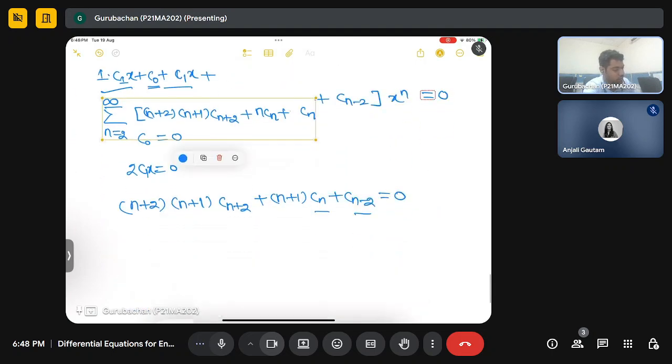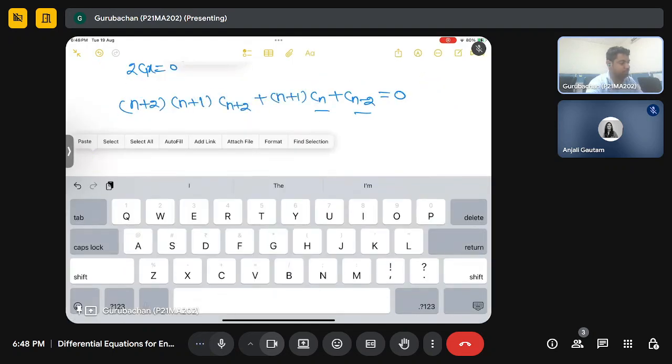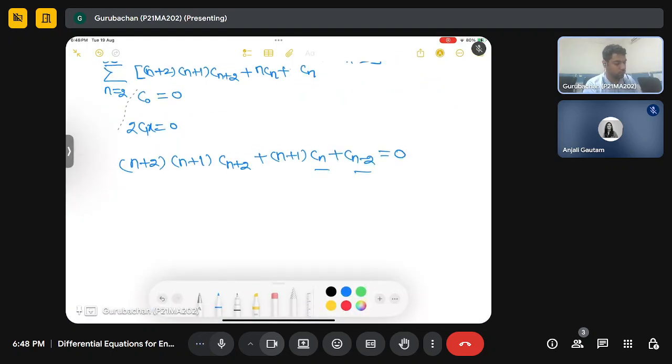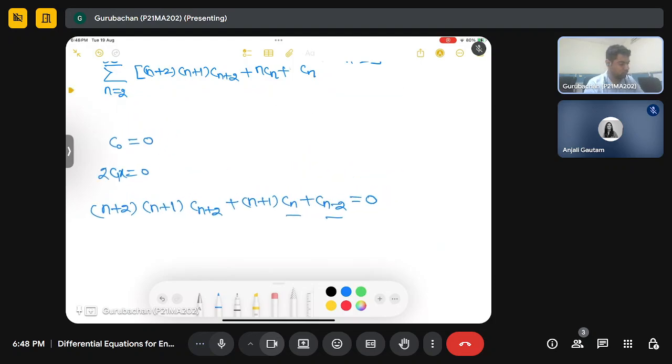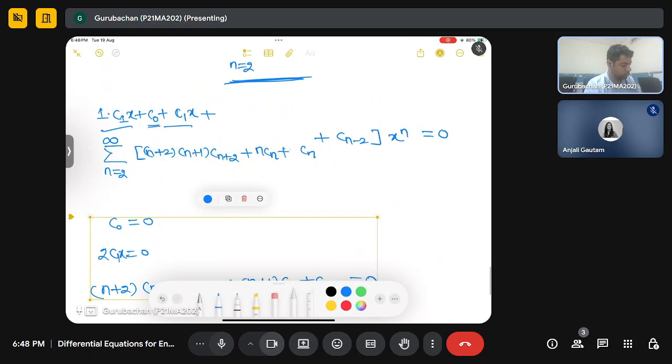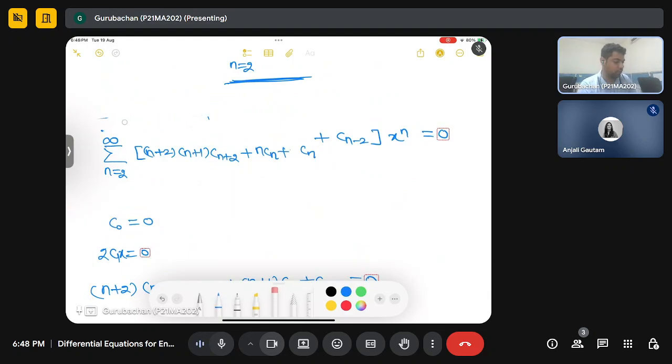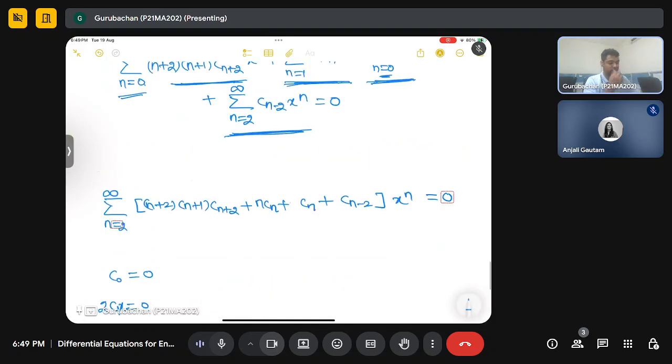A little rearrangement, then we will get to know our relation in a better manner. So let me just rewrite it so that this time we will get a correct answer. So this next recurrence relation is correct.